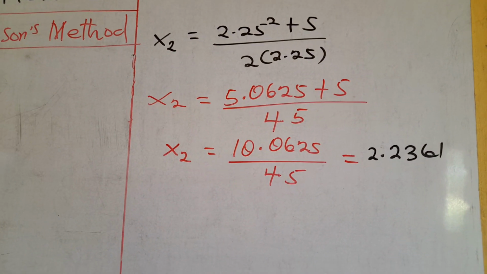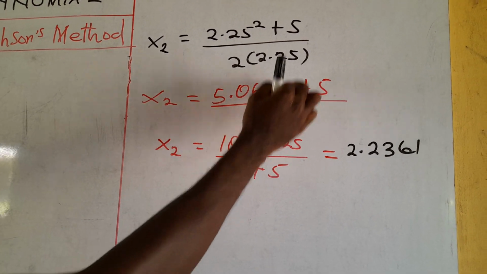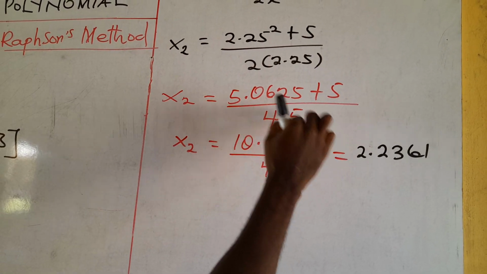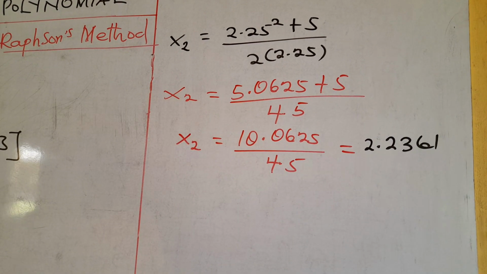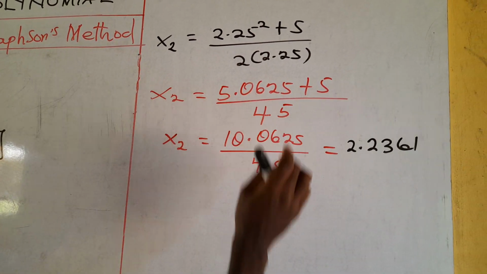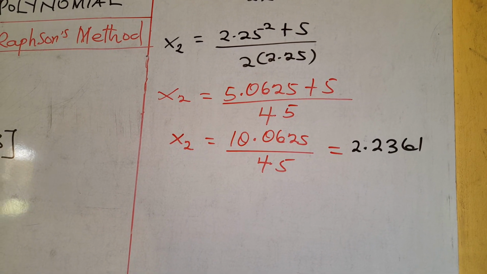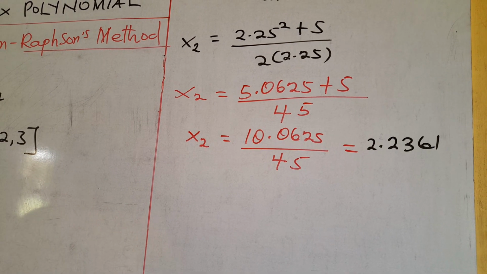So our 2.25 squared will give us 5.0625. Then plus our 5, 2 times 2.25 will give us 4.5. On adding 5 to 5.0625, we'll get 10.0625, divided by 4.5, we'll get 2.2361.